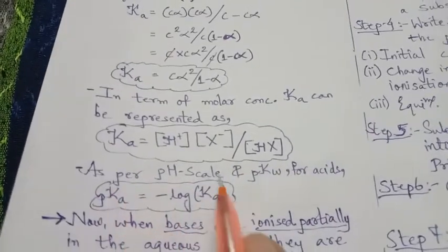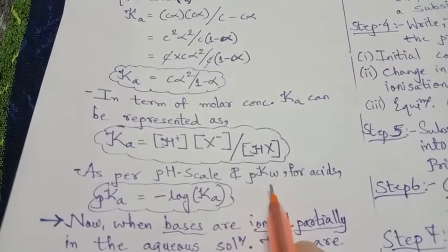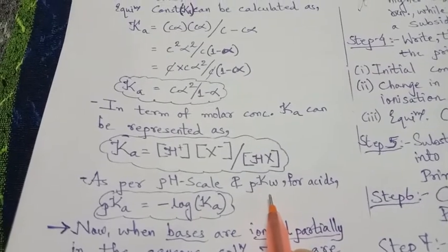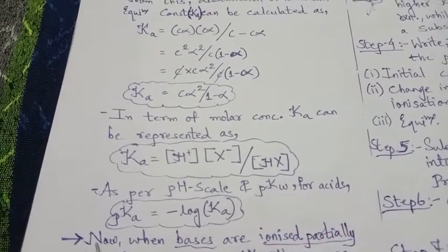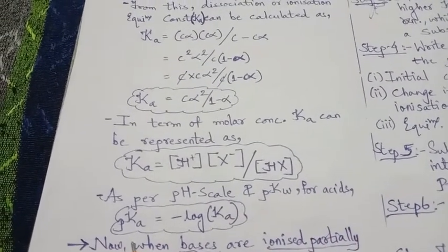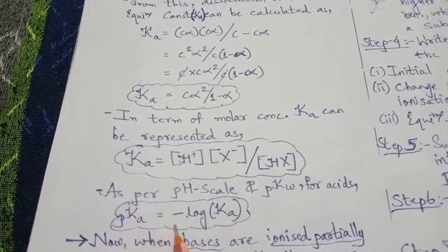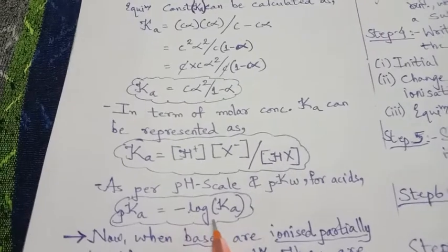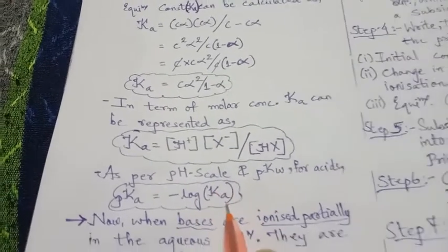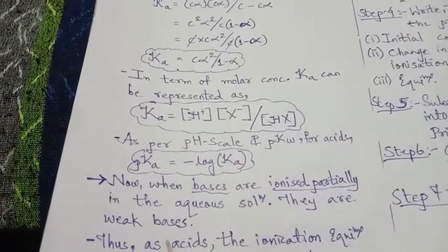As per the pH scale and ionic product Kw for acids, pKa, that is the power of the dissociation constant of acid, is equal to minus log of Ka.